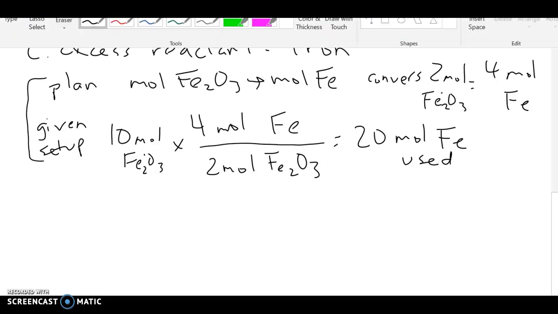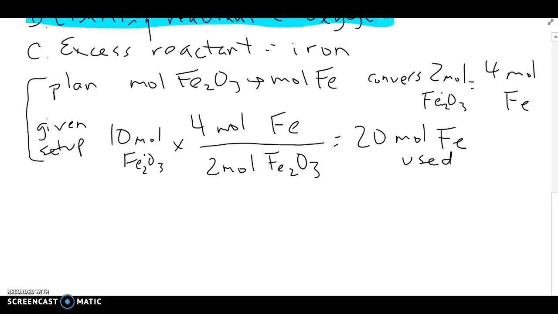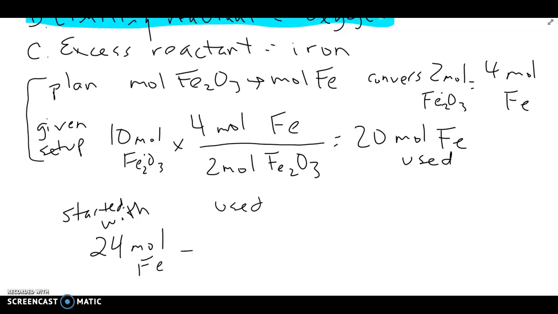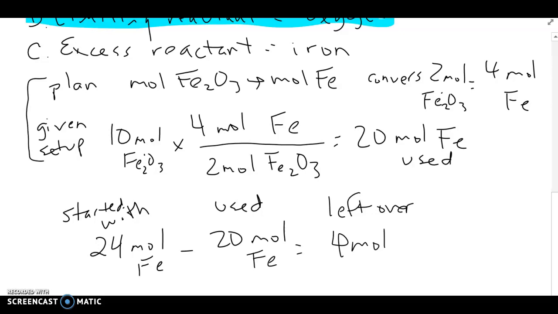I then have to do my little math problem here. I started with 24 moles of iron. I used up 20 moles of iron. So therefore I have left over 4 moles of iron.